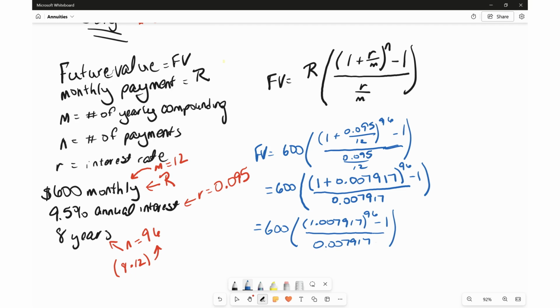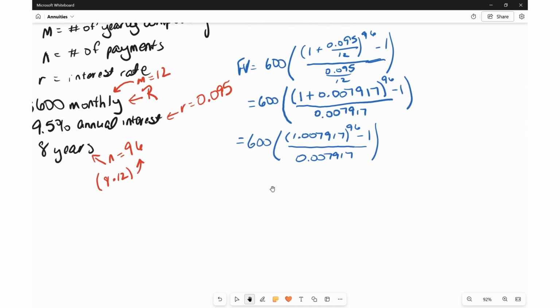Okay. So if you notice, I'm only doing one piece at a time. So this next one, if you haven't guessed already, I'm going to take the 1.007917 and raise it to the 96th power.